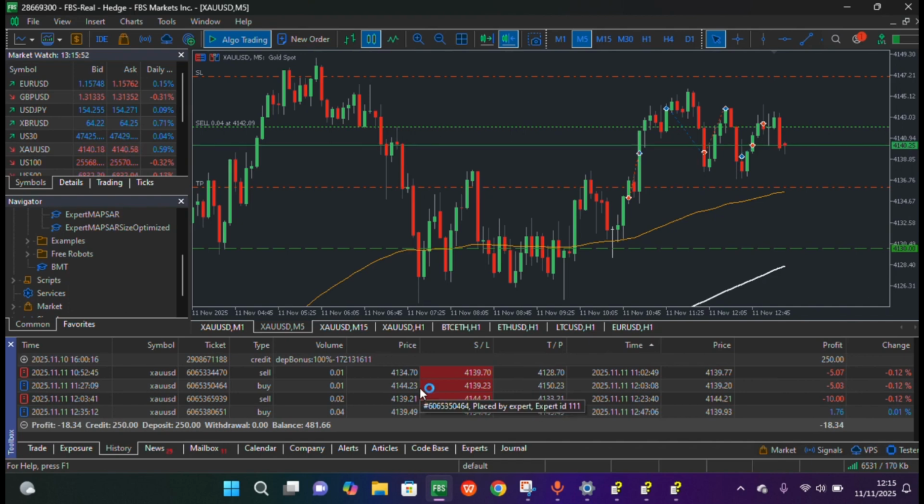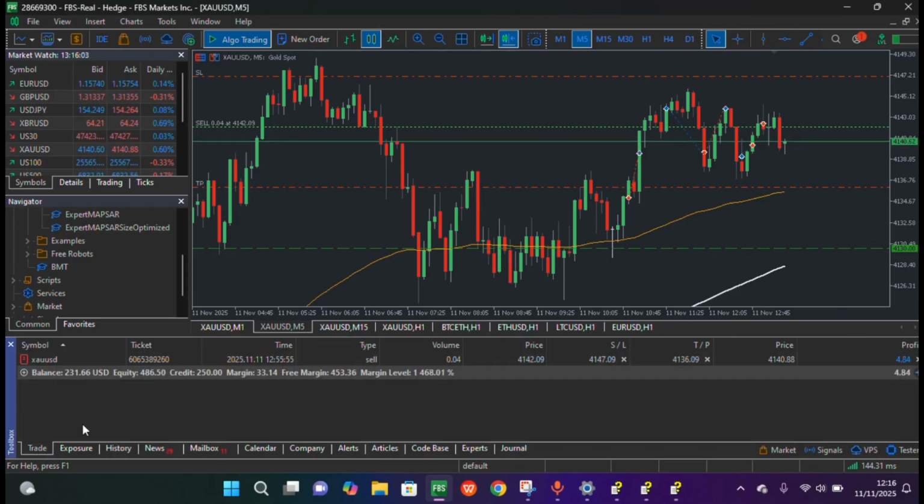Let's see what happens in this trade. Sometimes you would have a good day trading, or you will have some rough times trading. But looking at our total account, we have 455, in as much as the trade went bad.